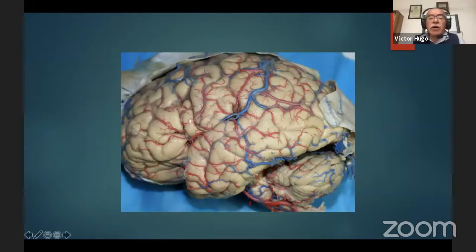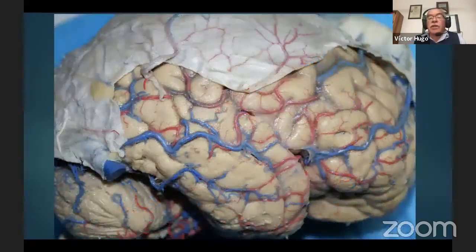And here we have the vein of Labbé, so this is a small anastomosis of this vein. Here we have this frontal vein going to the sylvian vein, and this is the vein of Labbé and the transverse sinus.